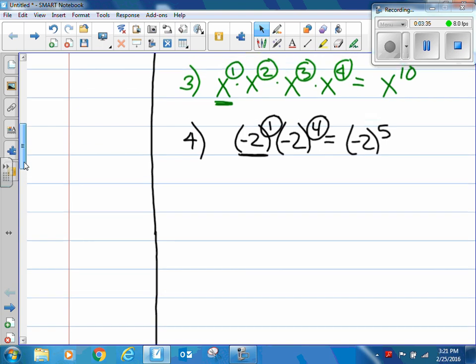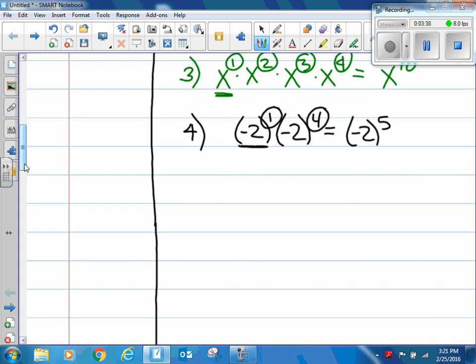The second scenario is the power of a power property.